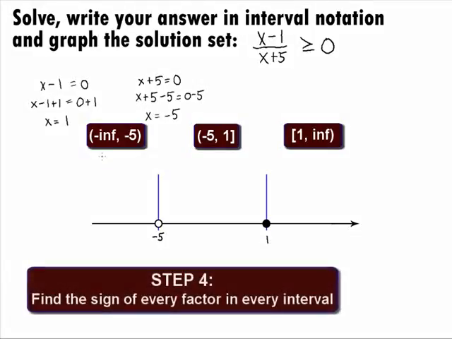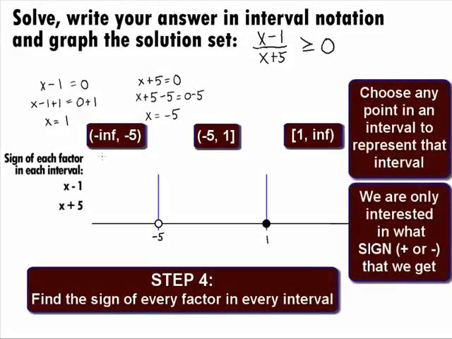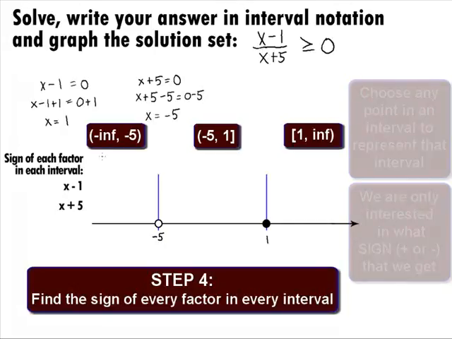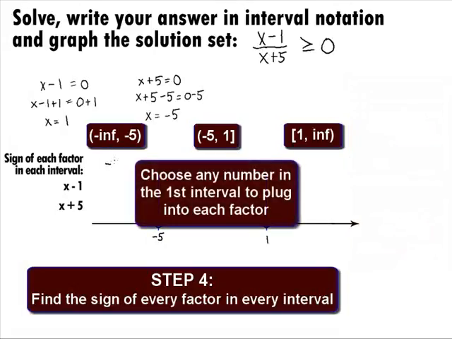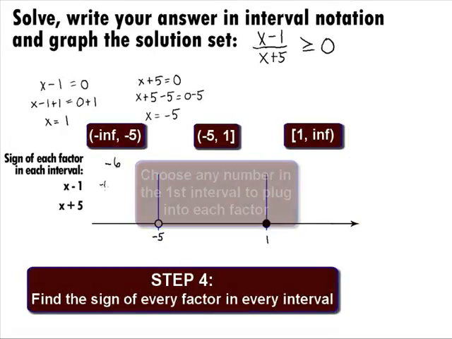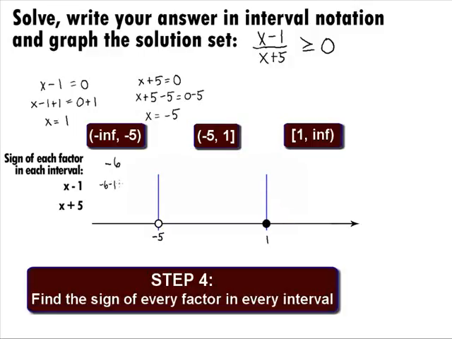In step 4, we need to find the sign of every factor in every interval. When we do this, we can choose any point in an interval to represent that interval. Once we choose this value, we will plug it into each factor and determine if the sign of that factor is either positive or negative. Let's go ahead and choose negative 6 from the first interval of negative infinity to negative 5 to plug into this.